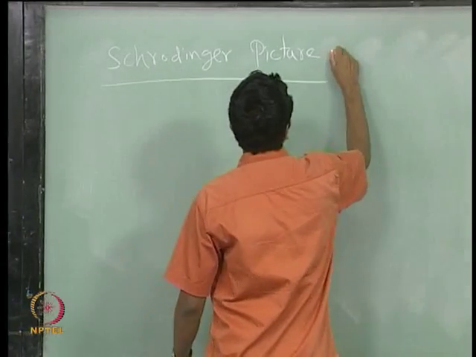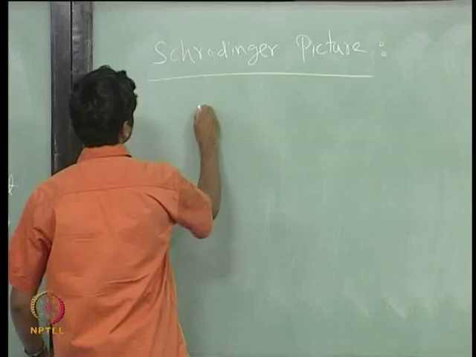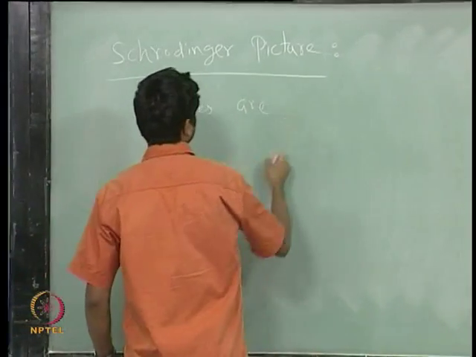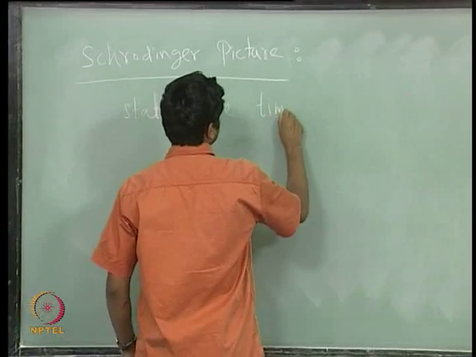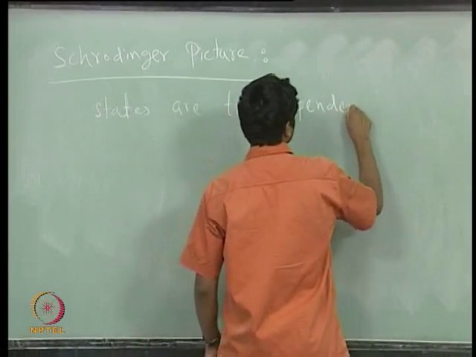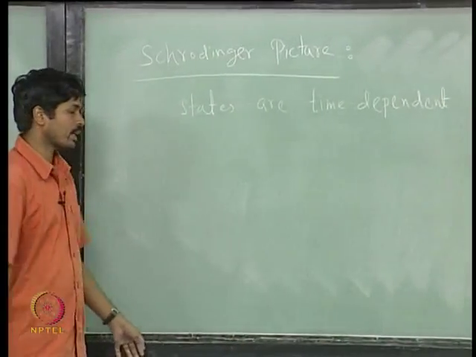So, in this Schrodinger picture, the states are time dependent, whereas the operators are time independent.